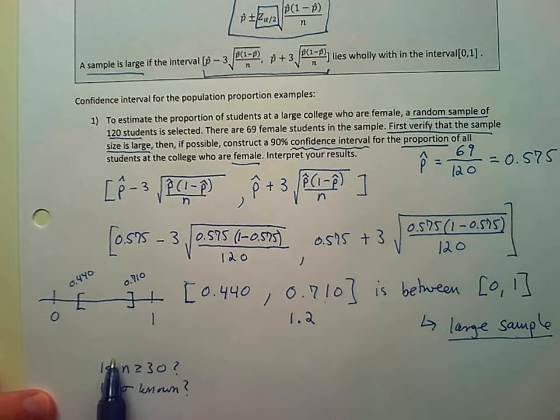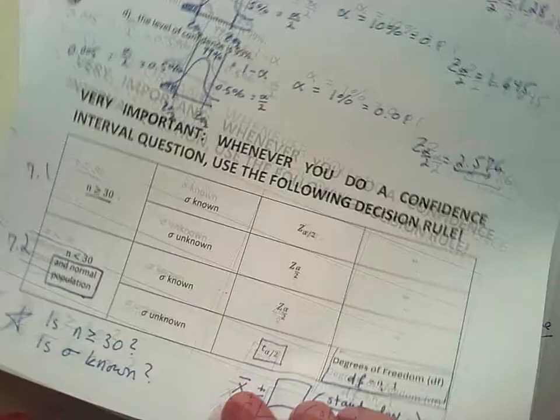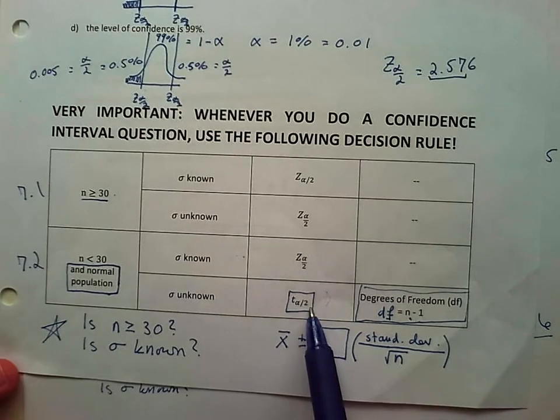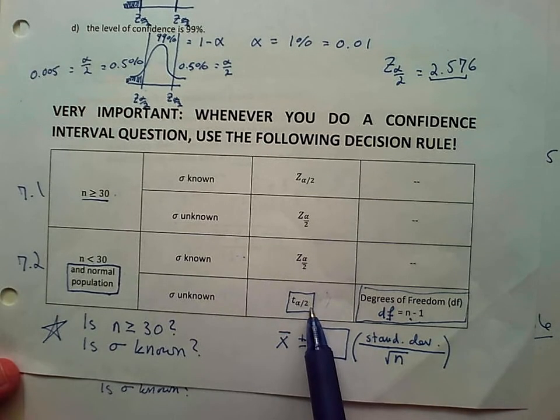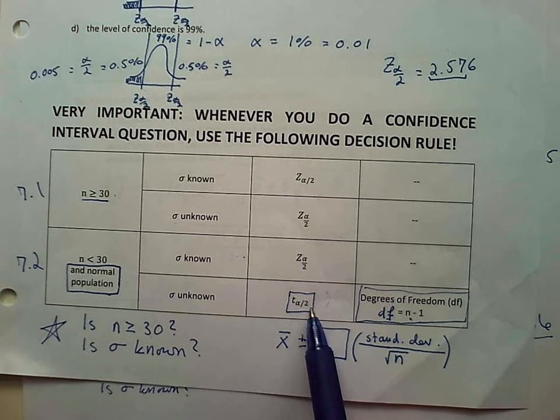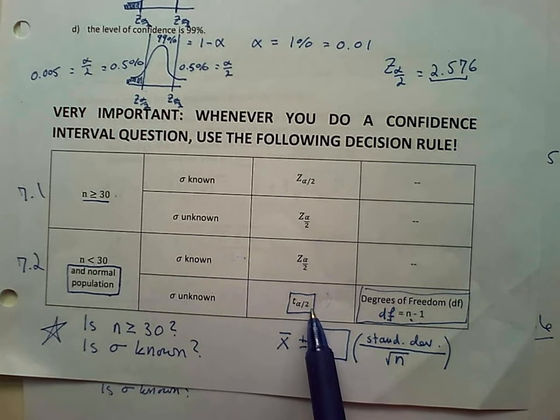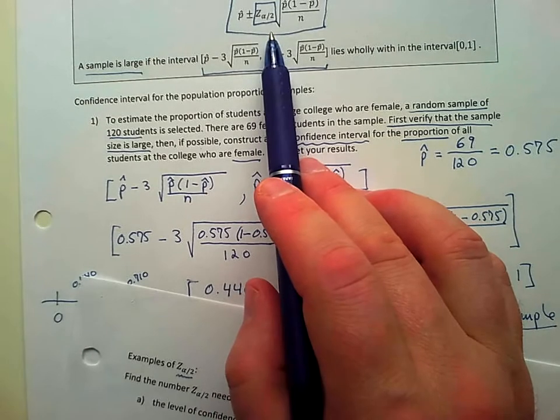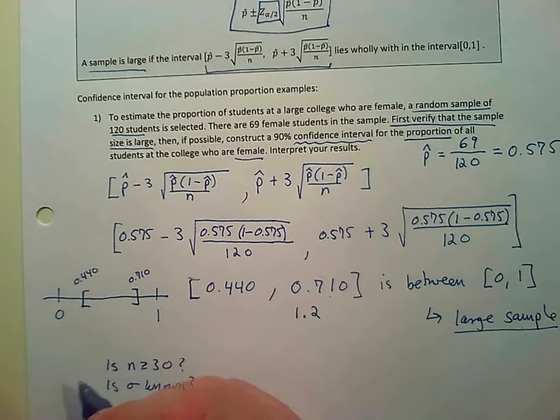The only reason why we asked this before, is n greater than or equal to 30, was to help us determine whether or not we were going to land in this bottom box in order to use t-values instead of z-values. But again, we're never going to use t-values for our confidence intervals for proportions. So we don't need to ask this first question.